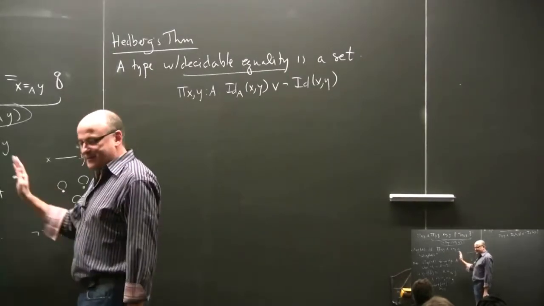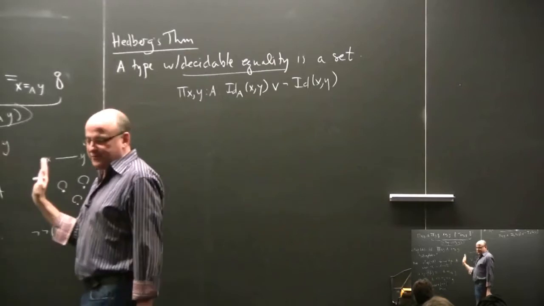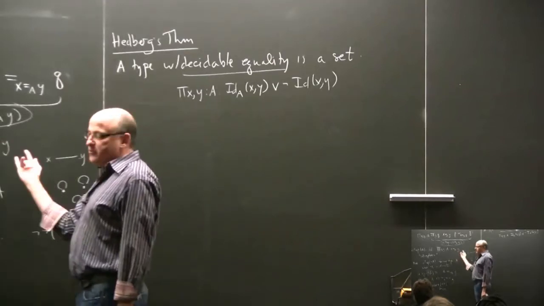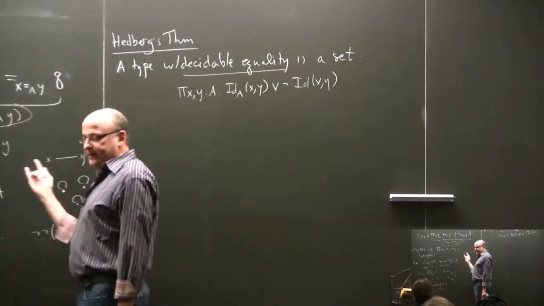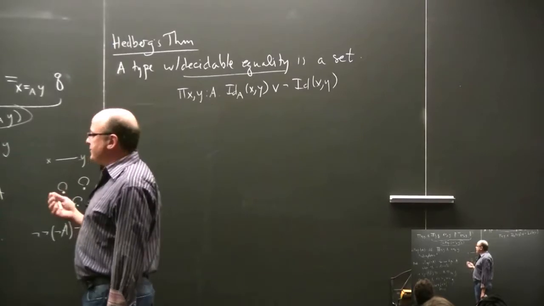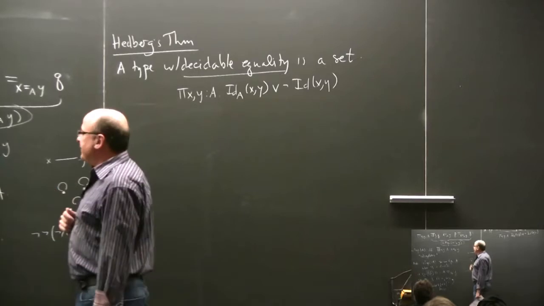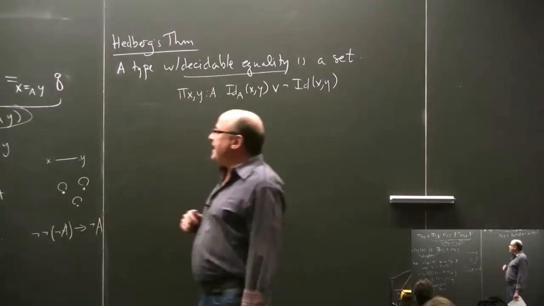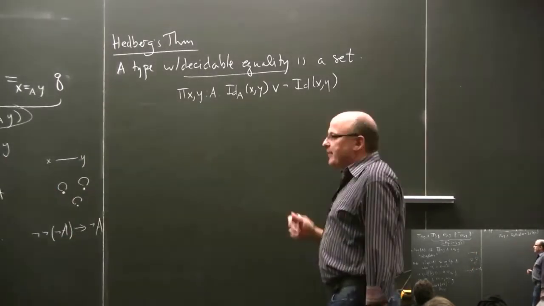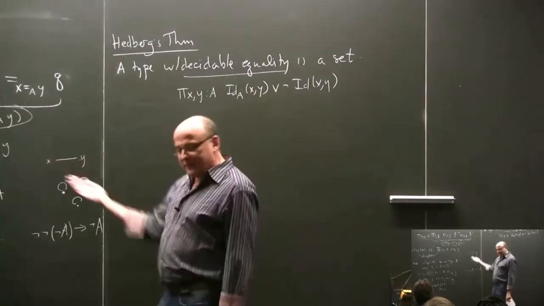But no, that's not what it's saying. It's just saying there's at most one proof of equality between any two elements. If you're used to classical reasoning, you would say, in other words, either they're equal in a unique way or they're not, but that's not what it's saying.